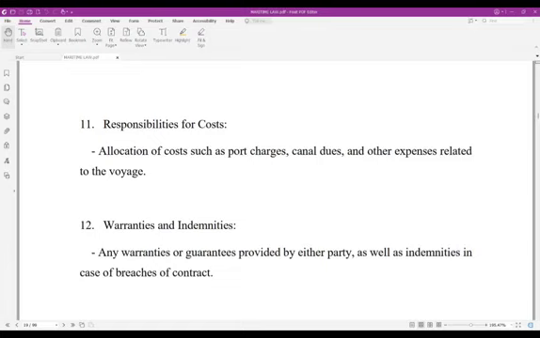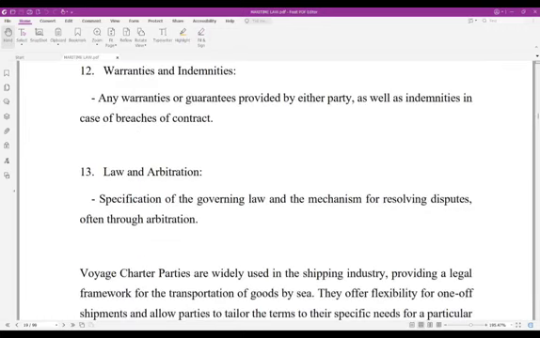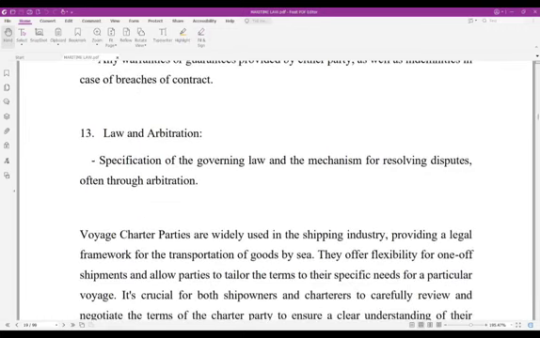This talks about the warranty or guarantees provided by either party. Indemnity is like a compensation for whoever breaches the contract in question. Law and arbitration.